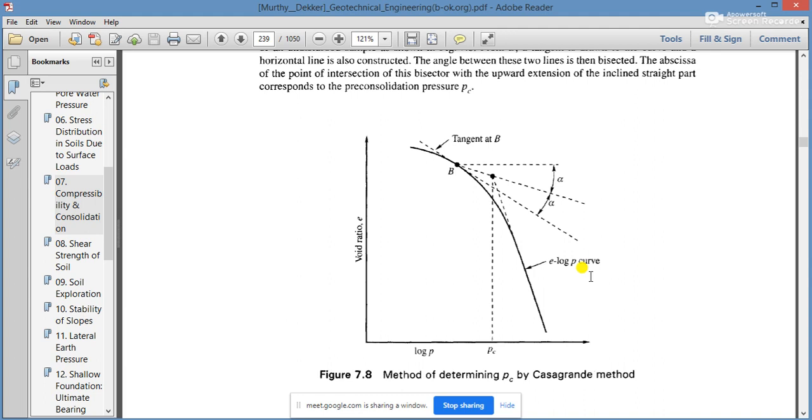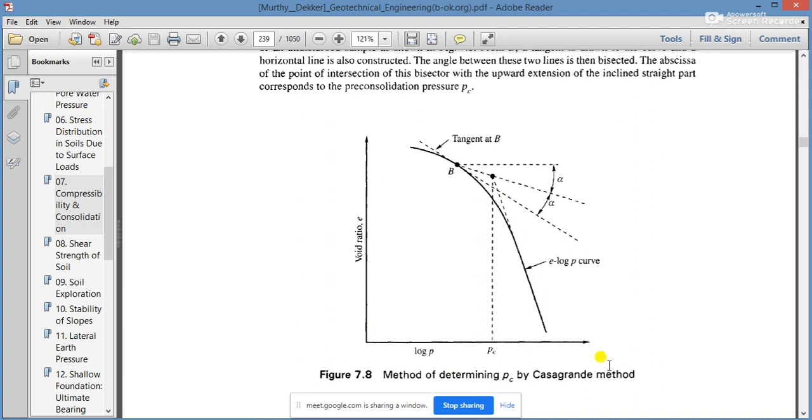The y-axis is representing void ratio, the x-axis is representing pressure, but the x-axis is on a log scale. So this is actually a semi-log plot, drawn between void ratio and log P, or pressure.